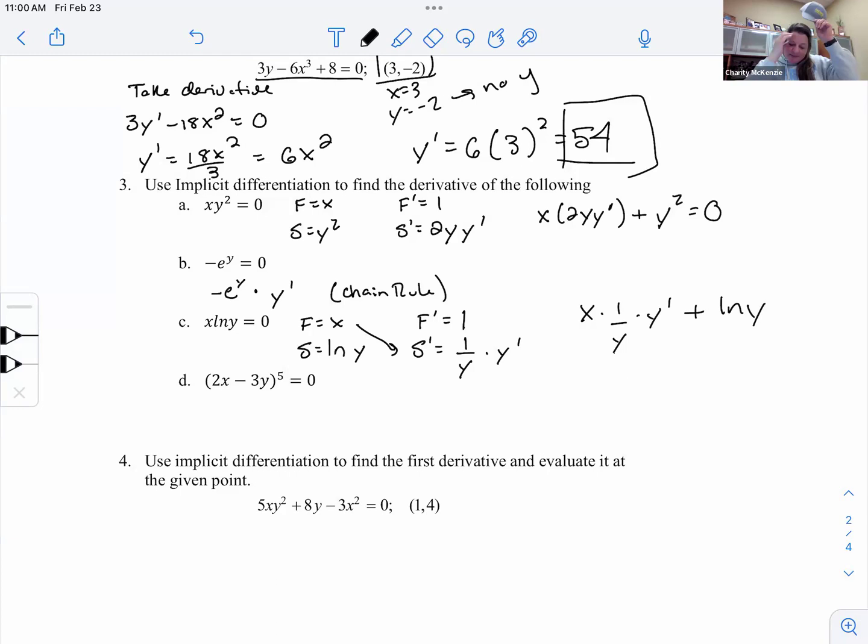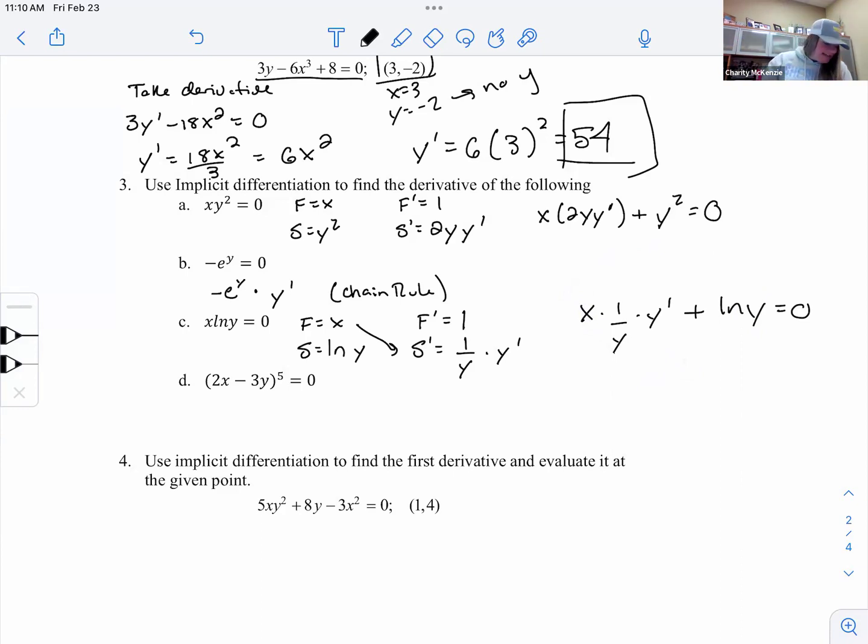Okay, so we're done pretty much with this because we can't simplify much. Equals 0. I didn't have the equals 0, but that's pretty much all we can do. We can write it as the x over y, but yeah, that was pretty much all we can do on that one.